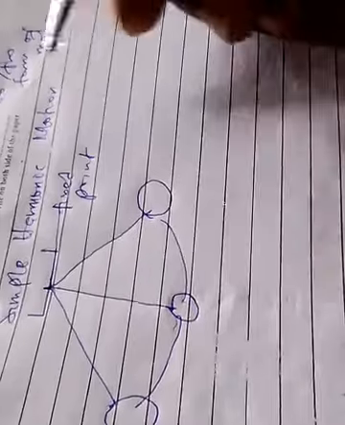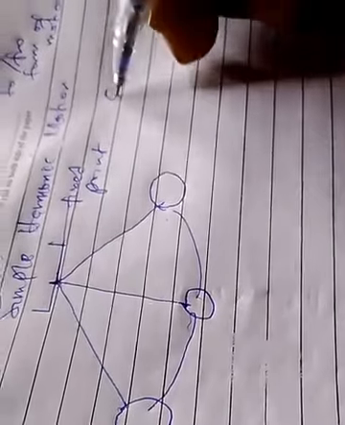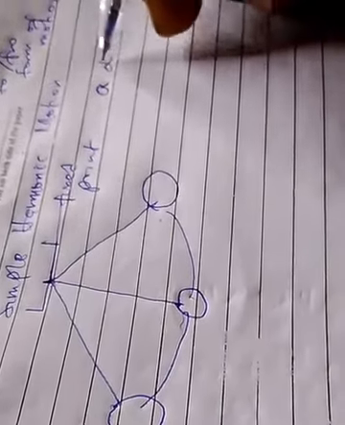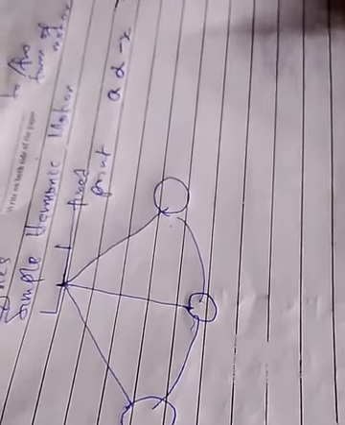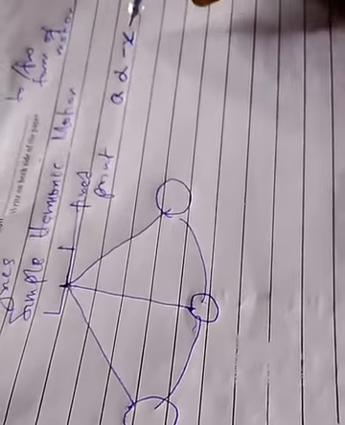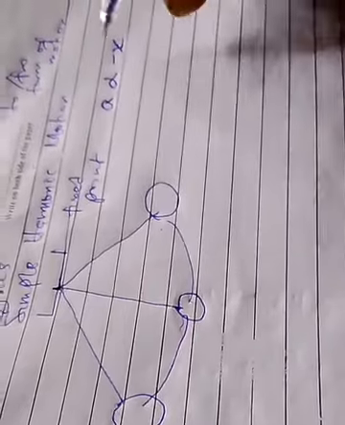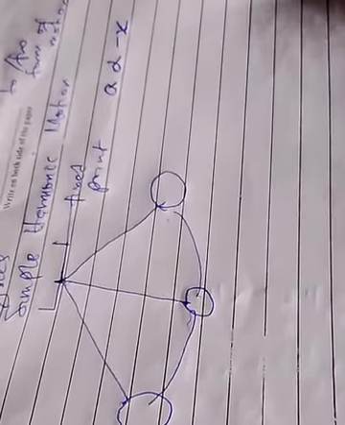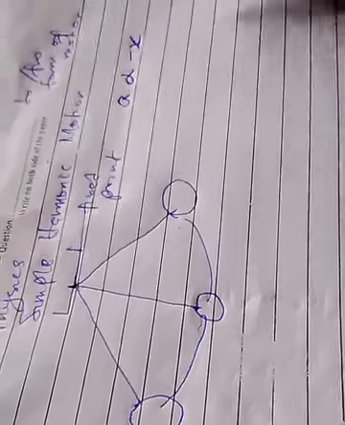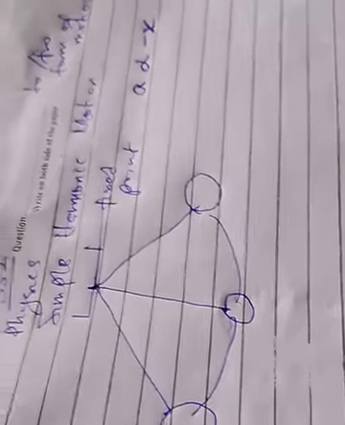I will tell you firstly that acceleration is directly proportional to x. Acceleration is directly proportional to distance or displacement. The acceleration of the moving pendulum, the moving body, is directly proportional to the displacement, and this displacement is taken as x.